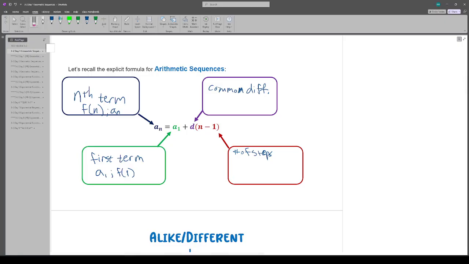But then let's also put just n here. N is the term number. So that was kind of the mistake that the first person made in the warm-up, was that they just put the term number here, not the number of steps that we've gone from the first term. So yeah, kind of a small nuance there.